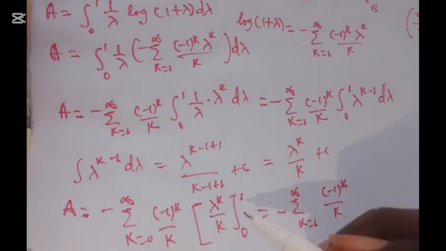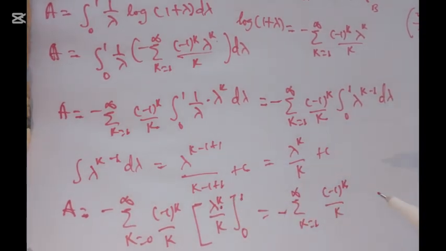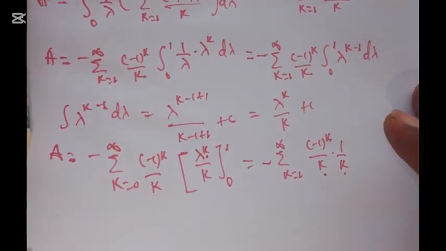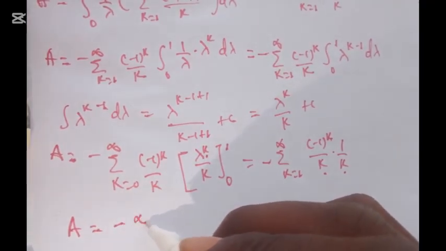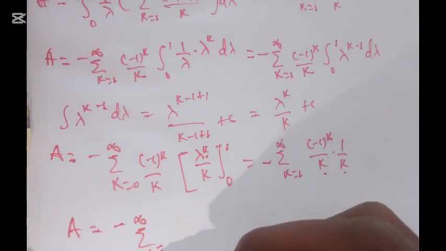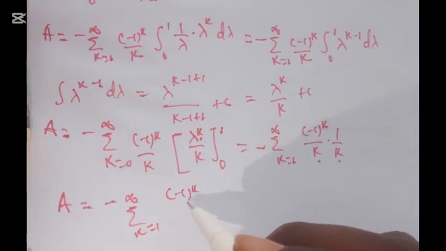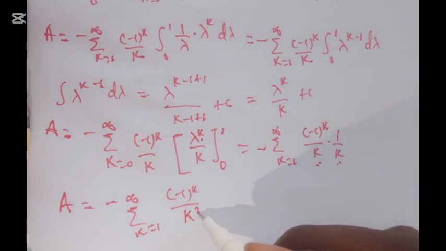If you apply your limits, when λ is 1, you have 1 over k, and when λ is 0, you have 0. So we multiply by 1 over k. K multiplied by k will give us k to the second power. So we have A equal to negative sum of k from 1 to infinity of (-1)^k over k^2.